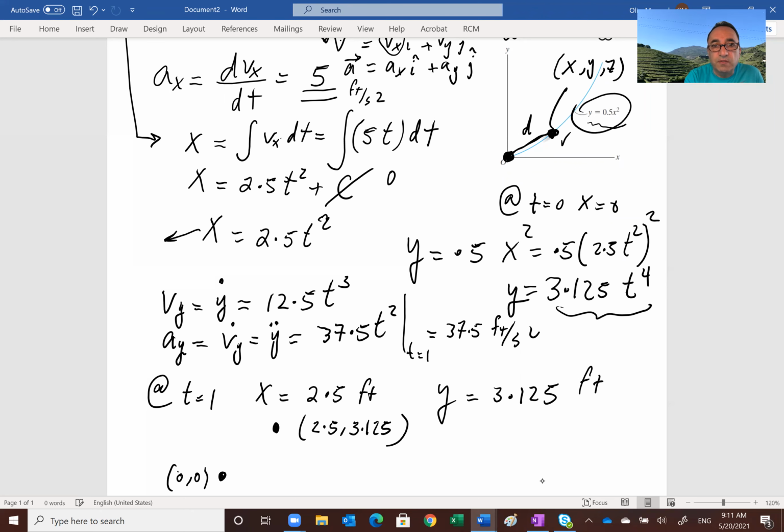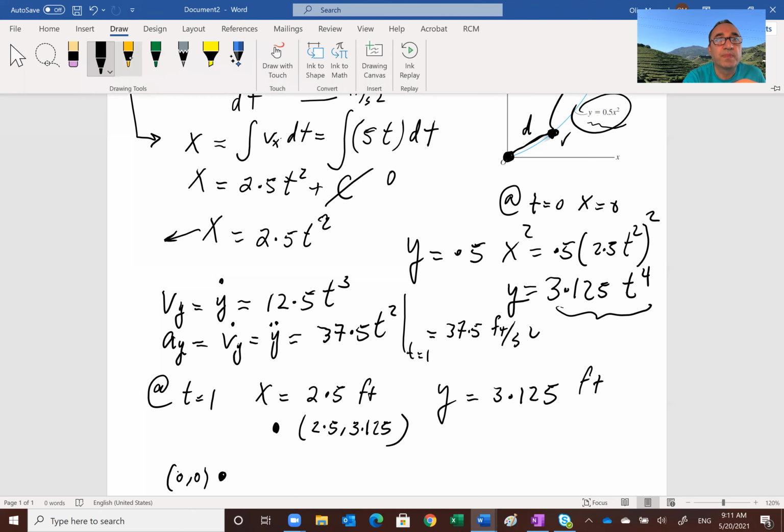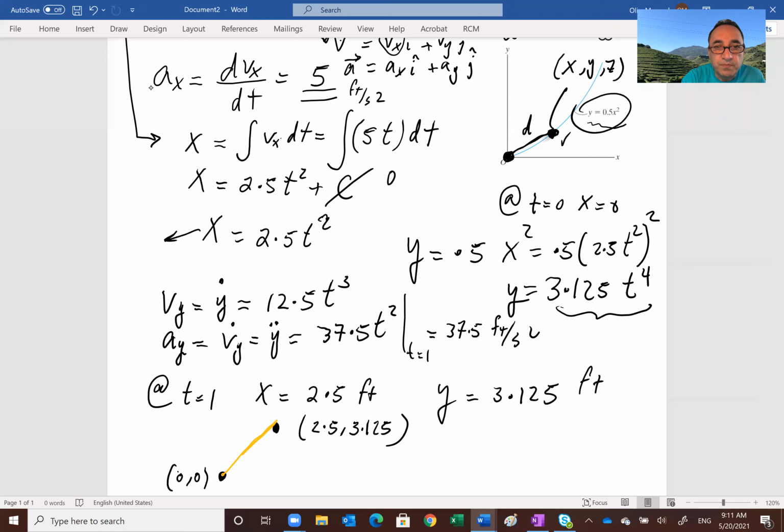and 3.125. How do you find the distance between 2 points? Clearly, the difference between the x and the difference between the y, right? You guys remember this from high school? 2.5 minus 0, final minus initial, 3.125 minus 0 also.